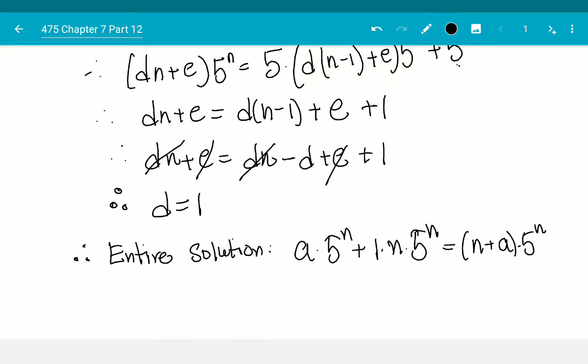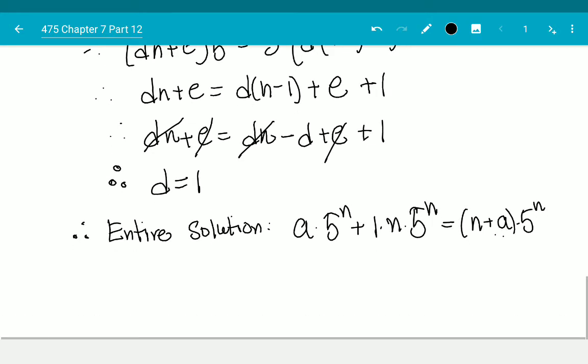And as I saw before, the a times 5 to the n solves it, which is why this e doesn't matter. Whatever value of e I take, it's going to get absorbed in this a, right?